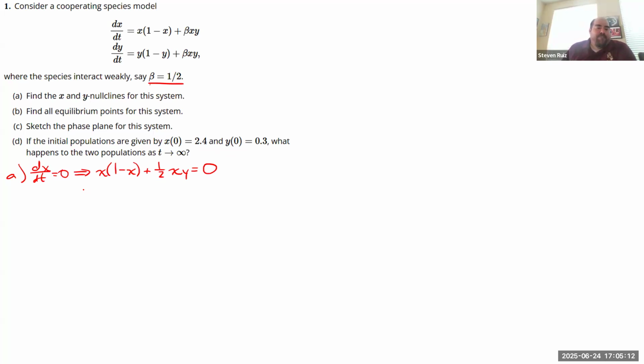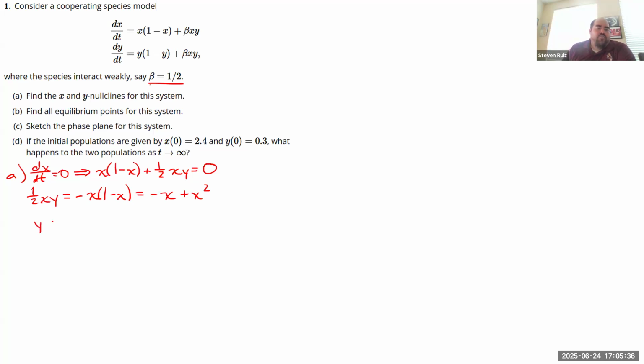So let's go ahead and do that. So 1/2 xy equals negative x times (1 minus x). We distribute, what do we get? Negative x plus x squared.